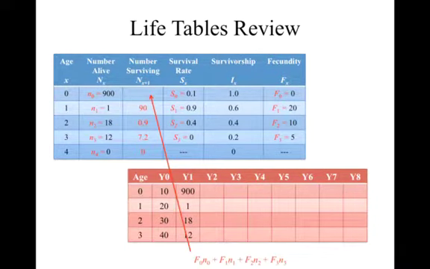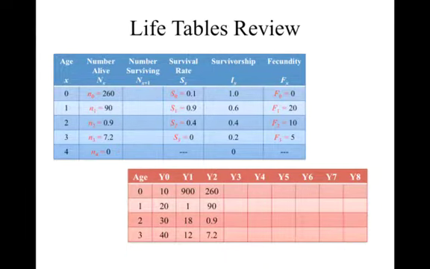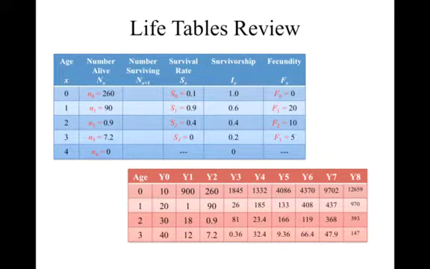And then, of course, I predict my number of newborns based on fecundities. And that gives me the number of different organisms in each age class in year 2. Again, I can move that over. I can go on and on and on, predicting year 3, year 4, year 5, year 6, year 7, year 8. And you should be able to do that.